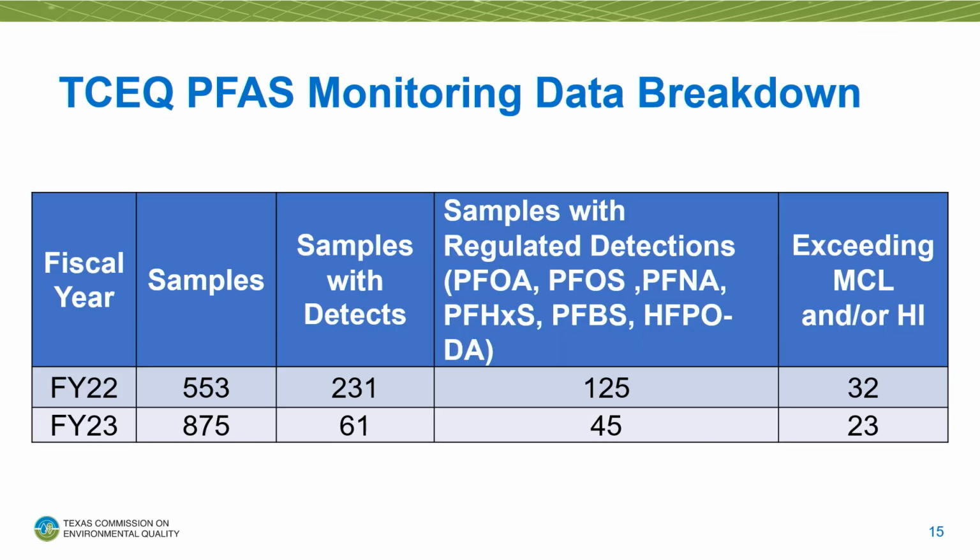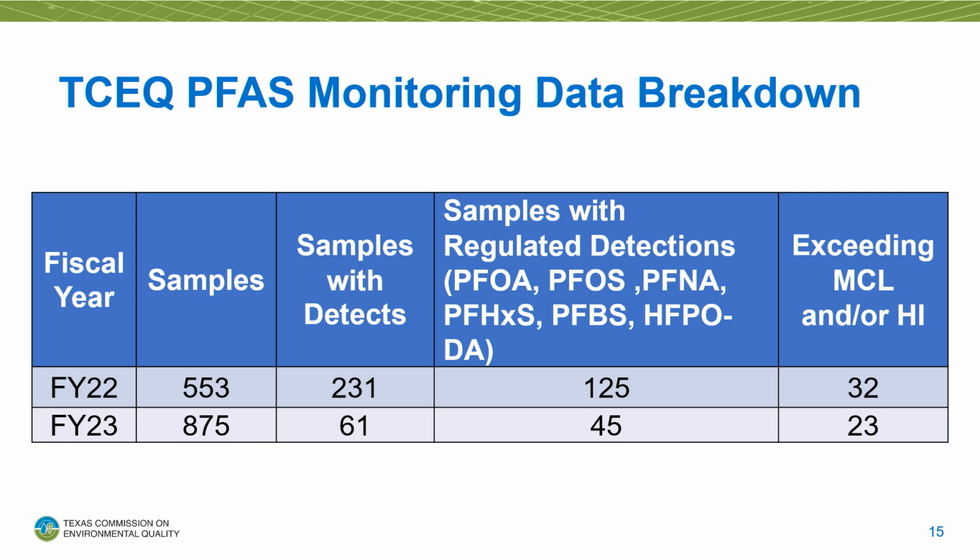So a breakdown of the TCEQ data. For 2022, 553 samples were collected. Of those, 231 had a detect of one of the 29 PFAS. And then of those 231, 125 had a detect of one of the regulated PFAS, and then from those, 32 exceeded the MCL or the hazard index.